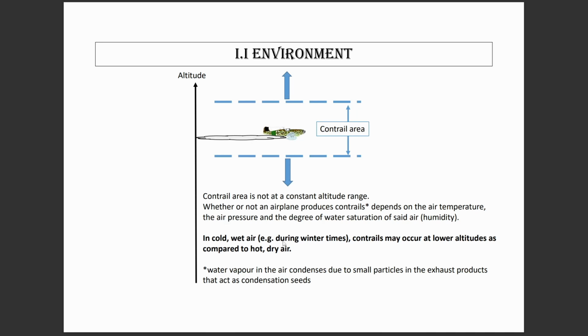So in winters, you would find contrails occurring at lower altitudes because the air is usually cold and wet, so it makes it more prone to condensate, or for water vapor to condensate, whereas in high temperature scenarios, the air can take more volume, let's say, of water vapor, and hence it's a bit more difficult to make the water condensate, because the air needs to be saturated for condensation to happen.